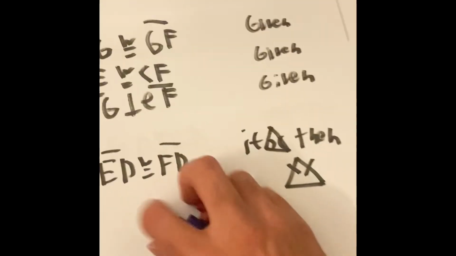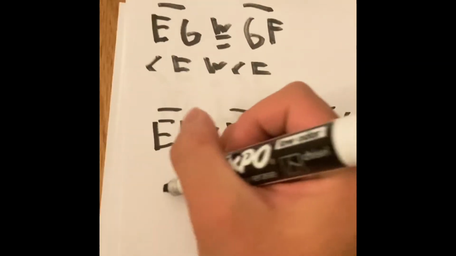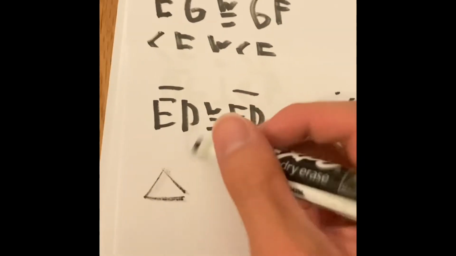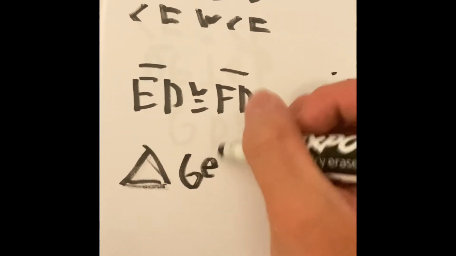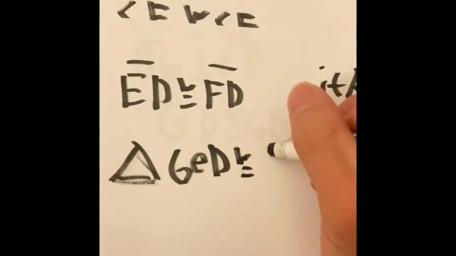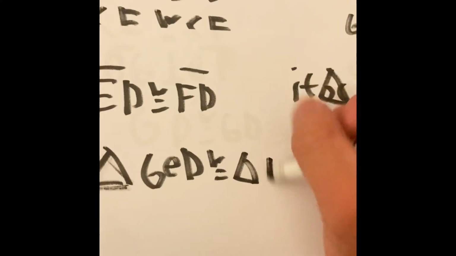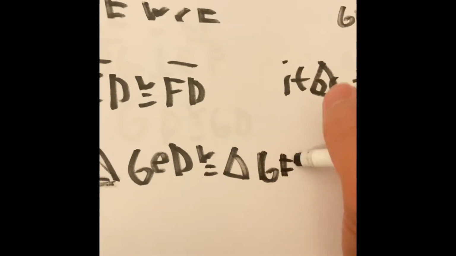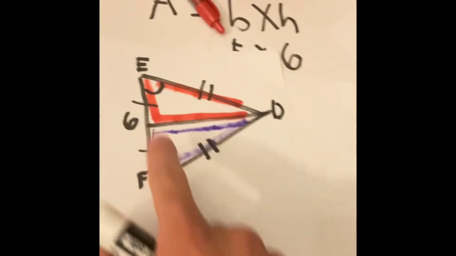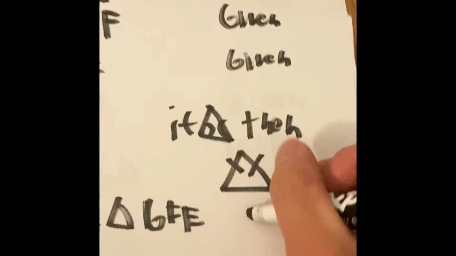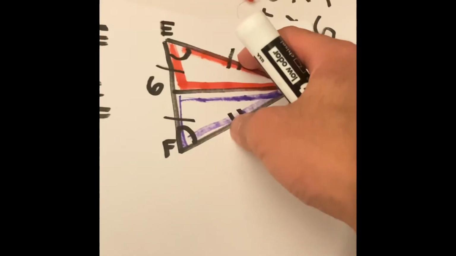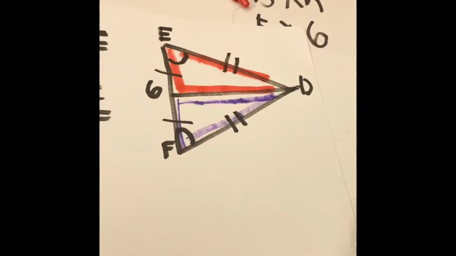So now we can say triangle GED is going to be congruent to triangle GFD. We're going to say that's SAS, because we have segment, angle, segment.